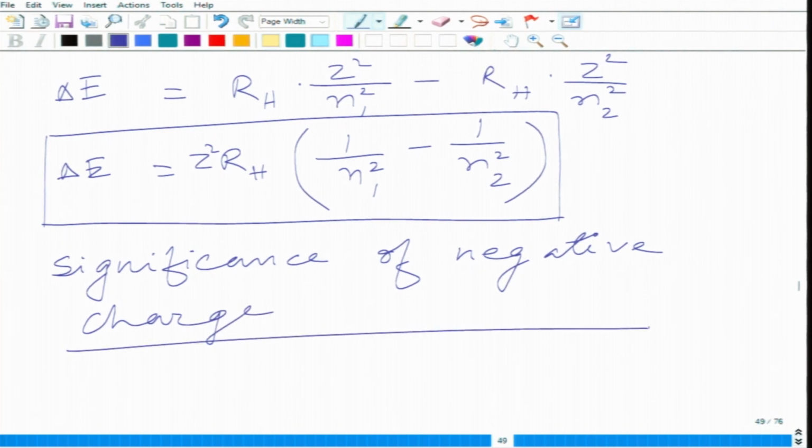So it is considered that when an electron is revolving around the nucleus in a certain orbit, then the force of attraction of the nucleus acts on the electron. But when the electron is taken infinitely away from the nucleus, that is, let's say in an orbit n equal to infinity, then there will be approximately no force of attraction of the nucleus acting on the electron.